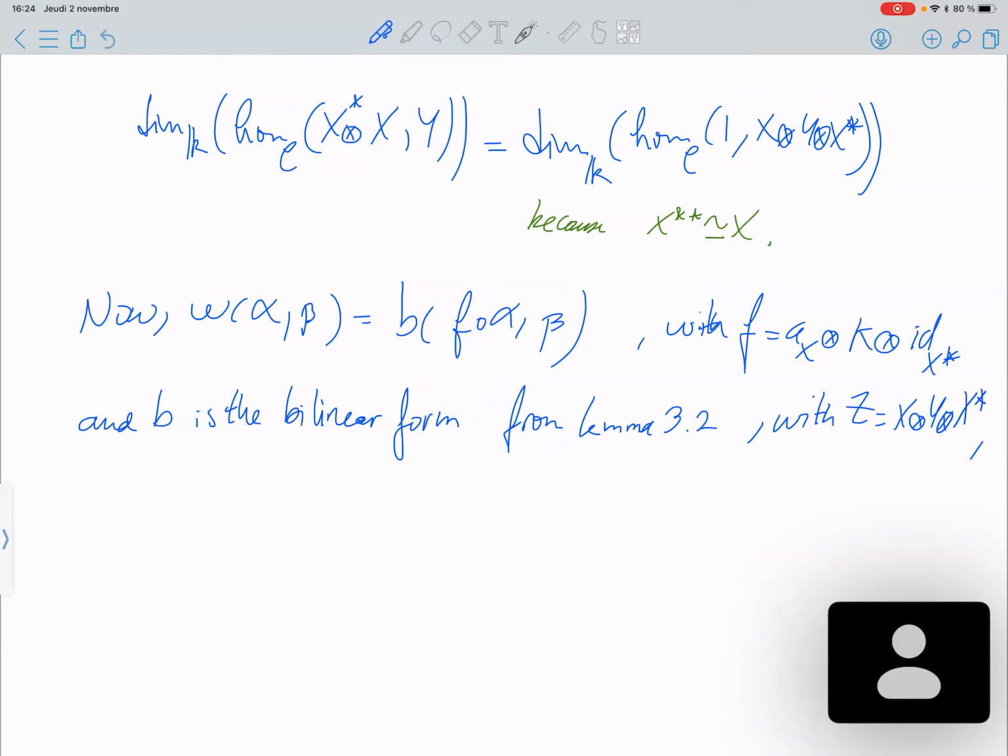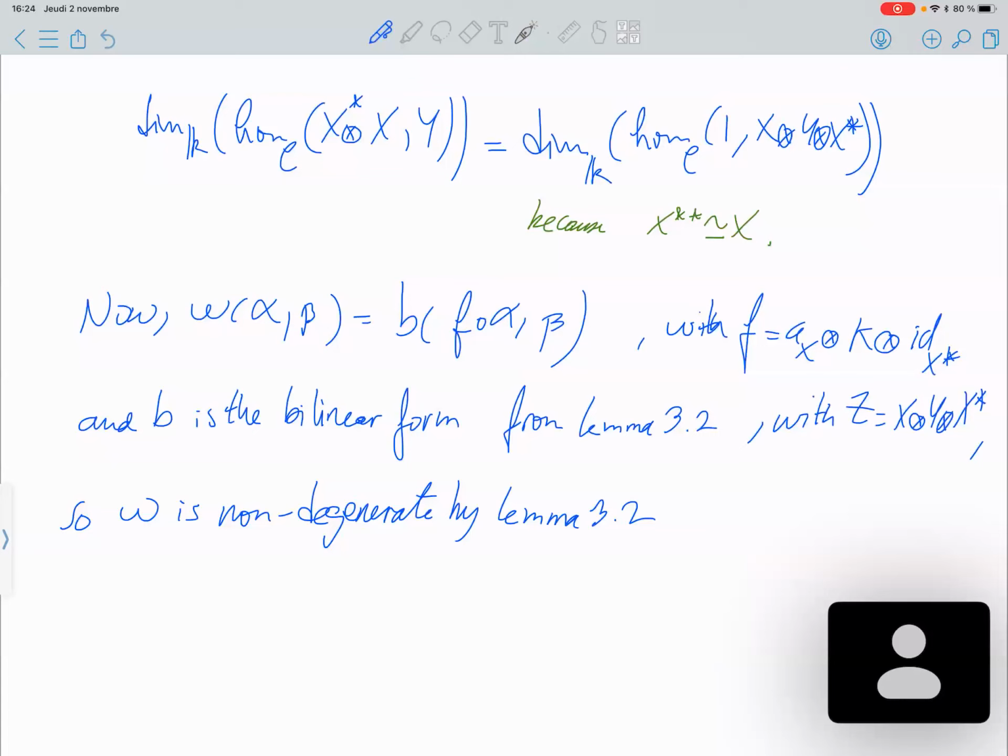So omega is non-degenerate by lemma. Remember the proof of lemma 3.2 and some previous preliminary result involve some technical result involving the basis.